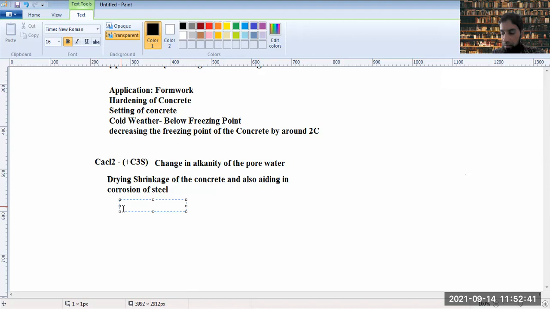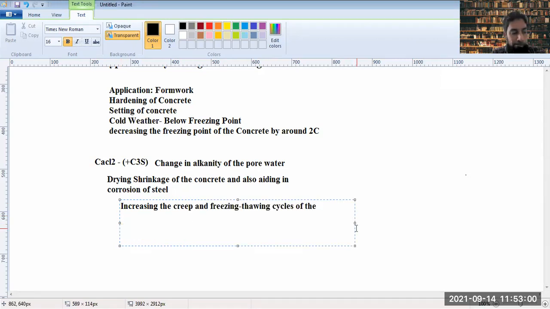It's increasing the creep and freezing thawing cycles effect on later age concrete.